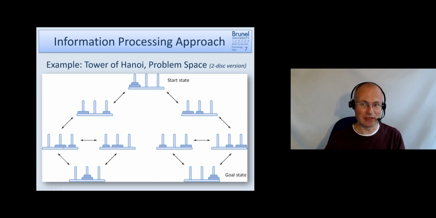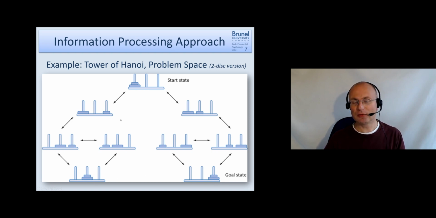So we may put the large disk here, and then we could put the small disk here, and we could go back and forth between them. Then we could put the small disk on top of this, and here we have the path for putting them on the third peg and here on the second peg.